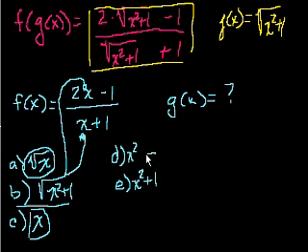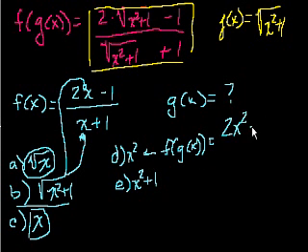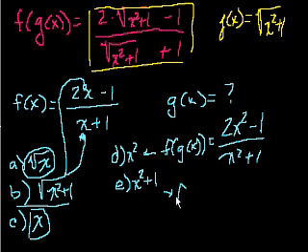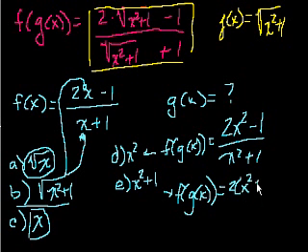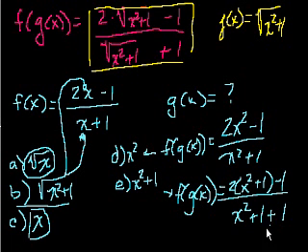If g of x was x squared, then f of g of x would be, everywhere we see an x, you'd put an x squared, so it would be 2x squared minus 1 over x squared plus 1, which does not equal this. And similarly, if g of x was x squared plus 1, then f of g of x would be 2 times x squared plus 1 minus 1 over x squared plus 1 plus 1.